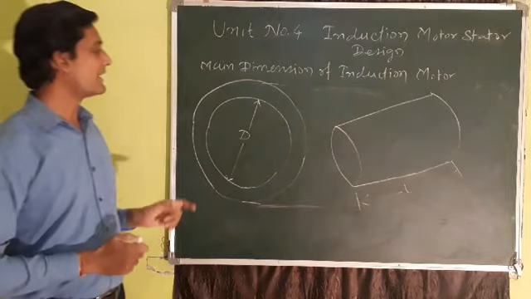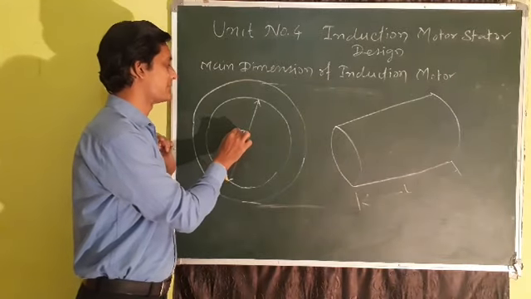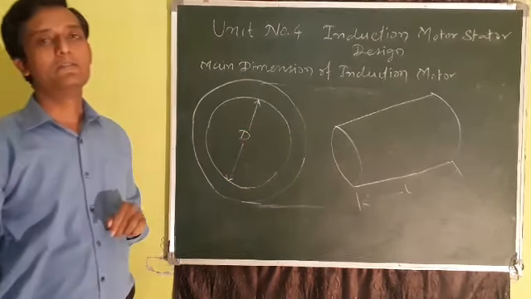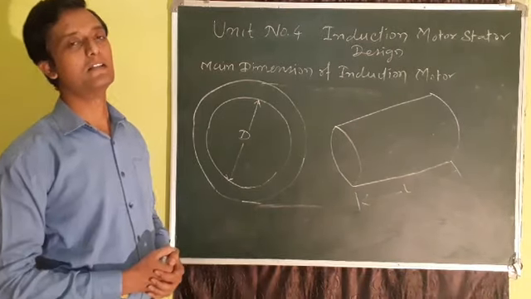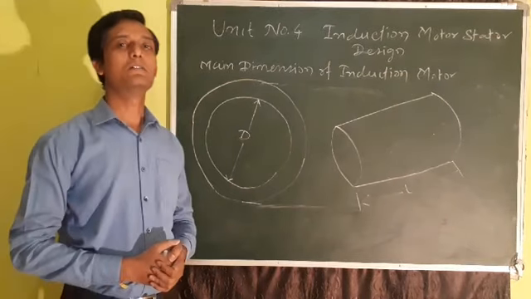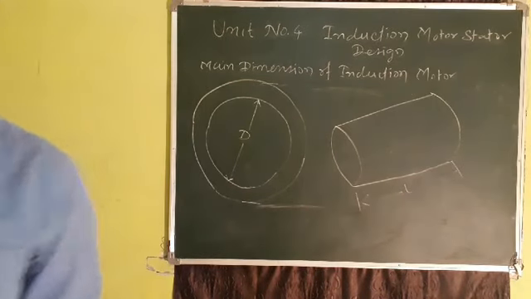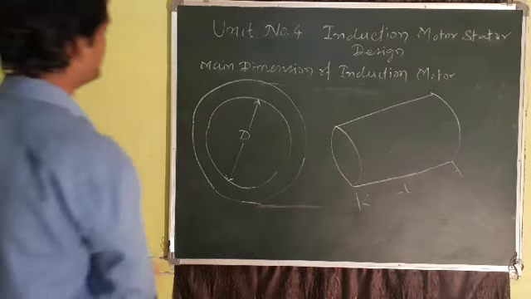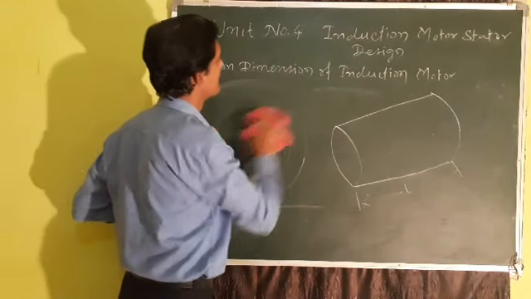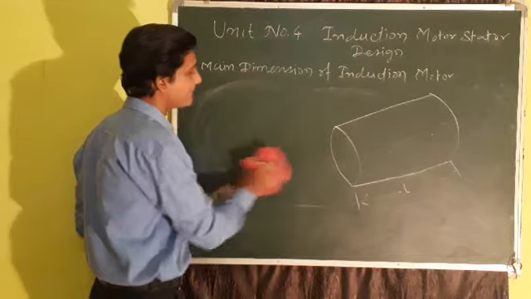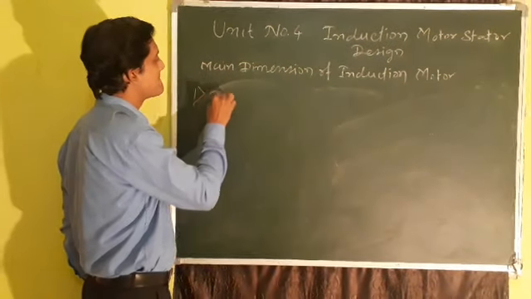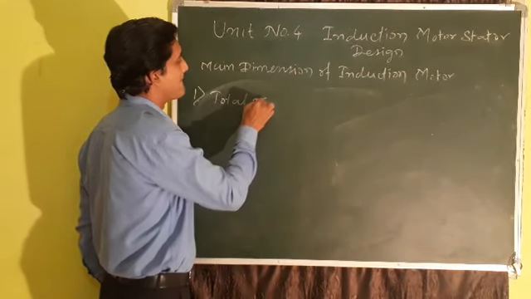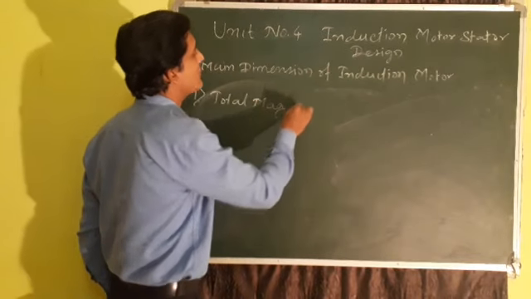So how to calculate the main dimension? For calculating D and L, we require some standard loadings. It is called as the specific loading of machines. For this specific loading, the first part is the total magnetic loading.